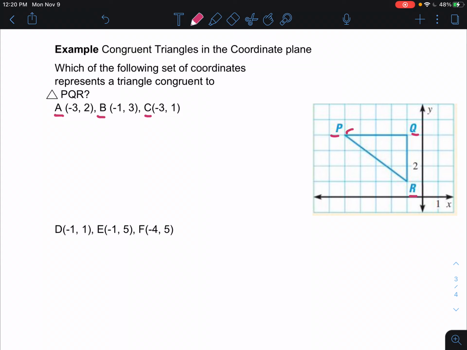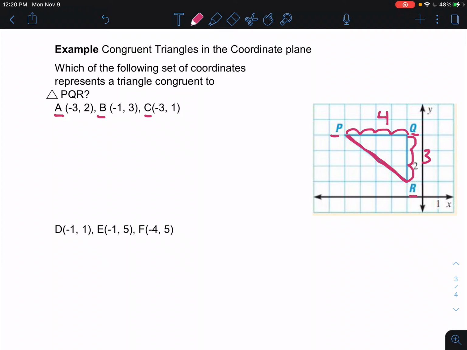P to Q is 1, 2, 3, 4. Q to R is 1, 2, 3. Now, I do not know this side length because I can't just count the way that I did on the other ones because it's not horizontal or vertical. I'm going to have to use the distance formula.